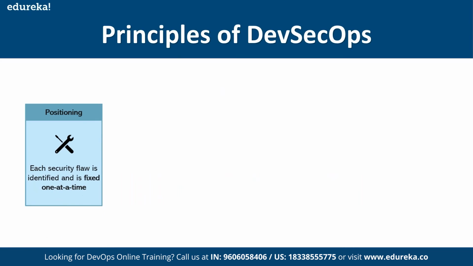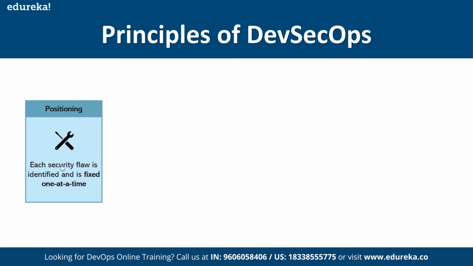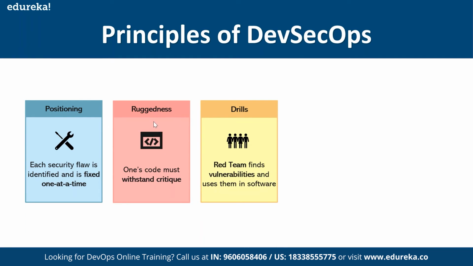Now, principles of DevOps. Positioning: each security flaw is identified and fixed one at a time. Whether it's development level flaws or deployment level flaws or infra level flaws, they should be found and fixed. Ruggedness: one's code must withstand critique.